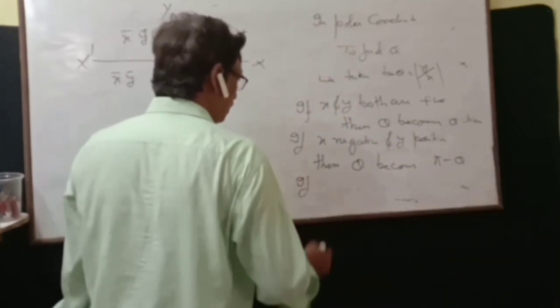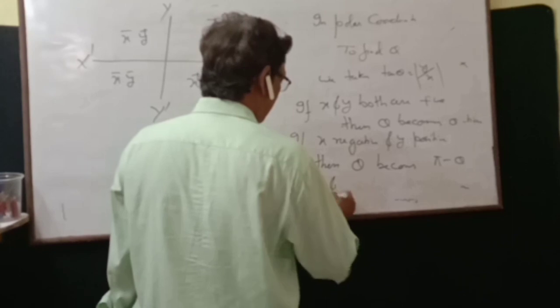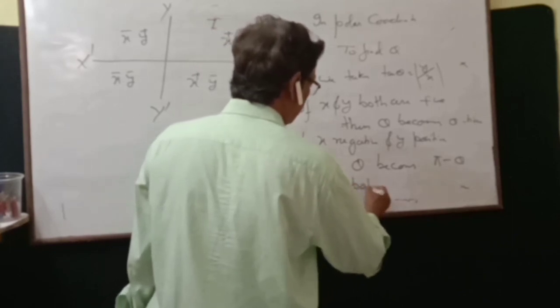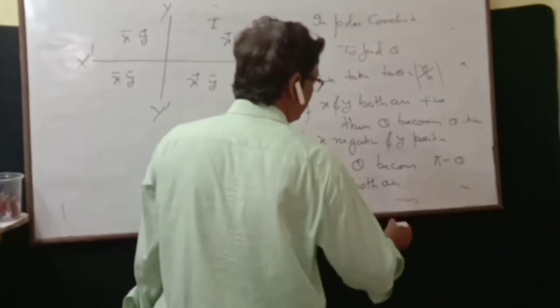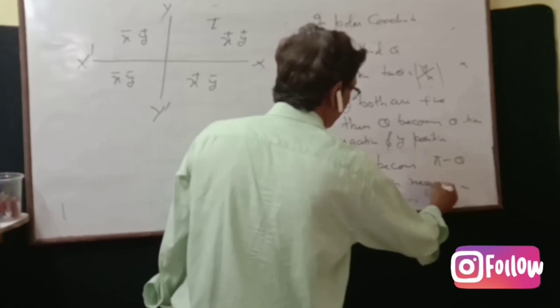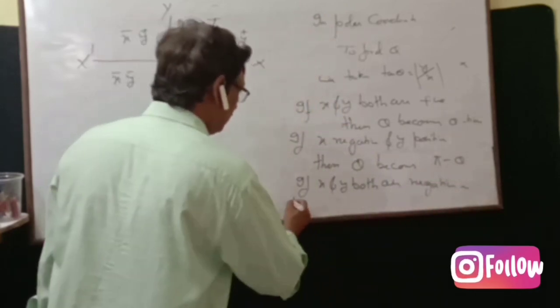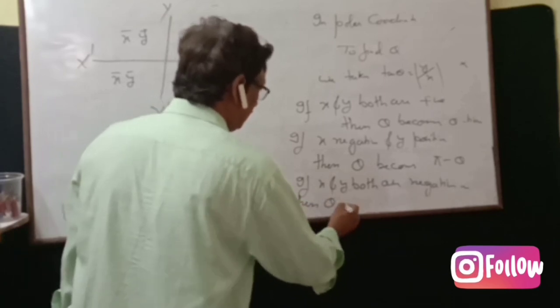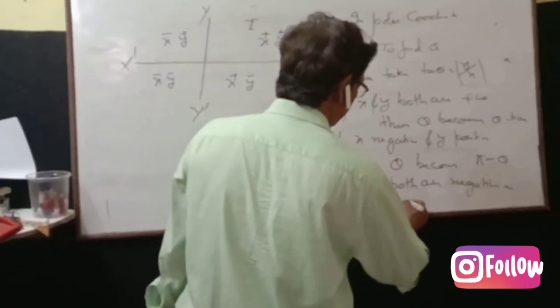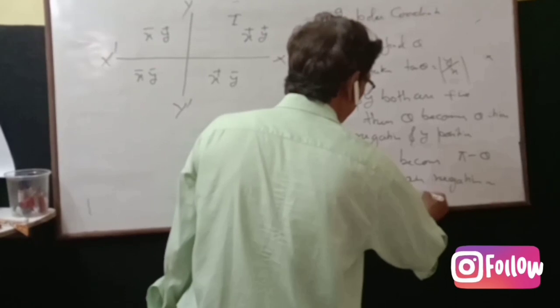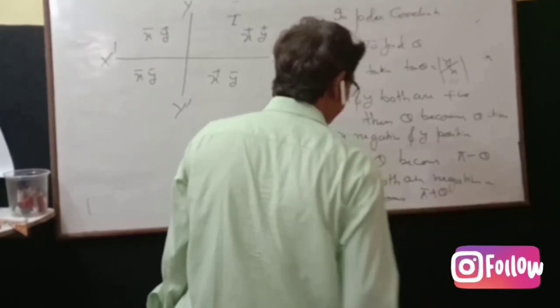If x and y both are negative, then theta becomes pi plus theta.